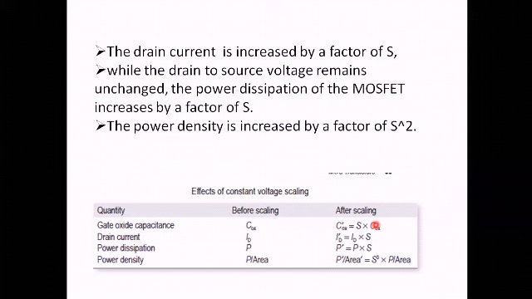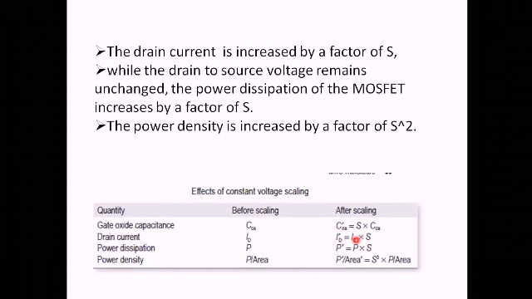The gate oxide capacitance is increased by a factor of S, which means that the transconductance parameter is also increased by a factor of S. Since the terminal voltages remain unchanged, the linear mode drain current of the scaled MOSFET will be ID dash equal to ID into S. Also, the saturation mode drain current will be increased by a factor of S after constant voltage scaling.